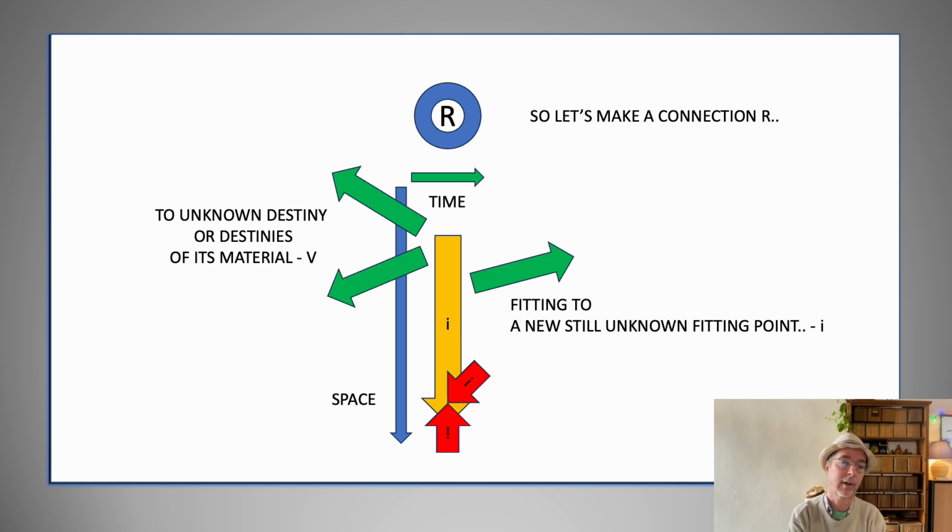The next letter is the V. So the V is an unknown destiny in this case, or destinies of the material. So there can be one direction of destiny. We don't know it beforehand, but we already know the material is going elsewhere. So that's the vagueness, the elsewhere.